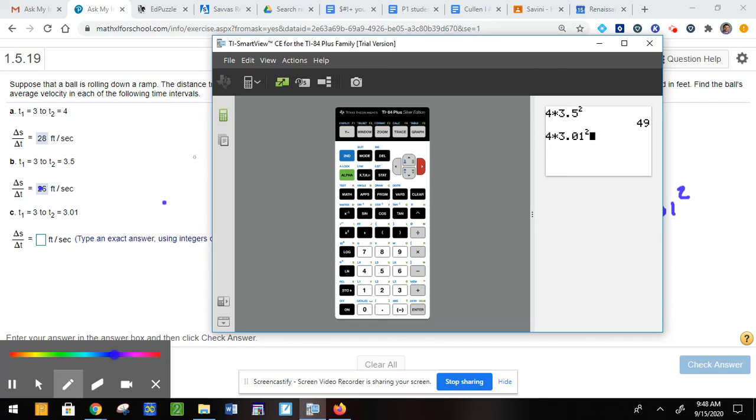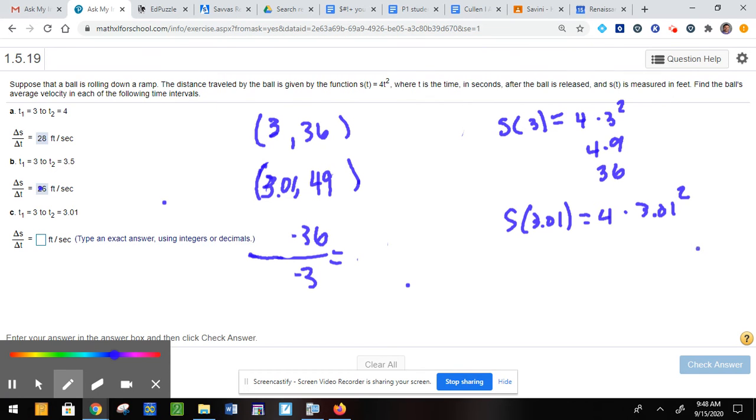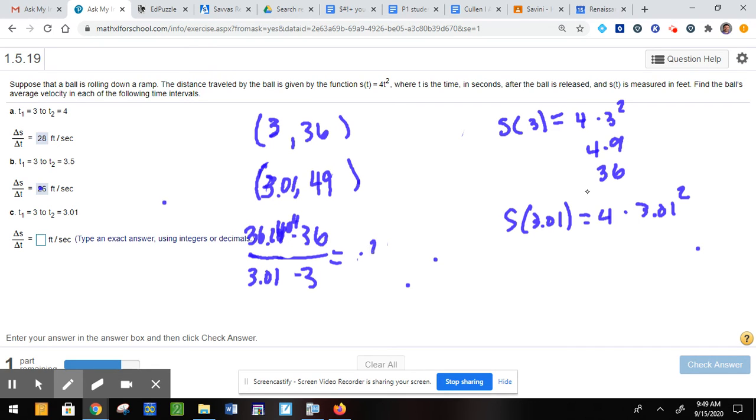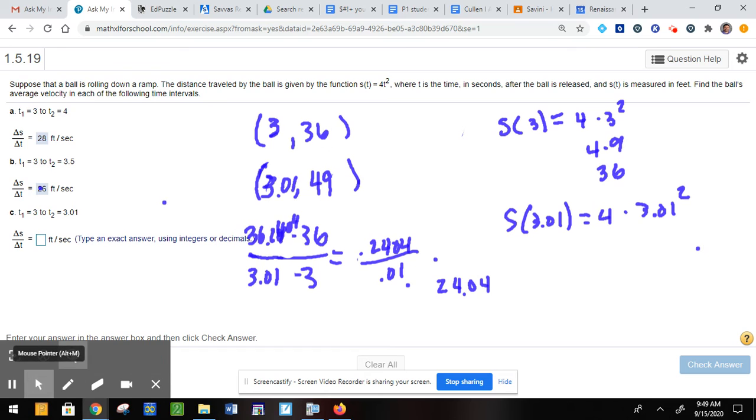So what is 4 times 3.01 squared? And you get 36.2404. So you're going to end up with 0.2404 divided by 0.01. That's going to end up being, moving the decimals 2 over, 24.04. So let's check that.